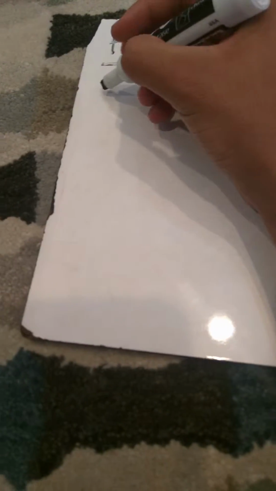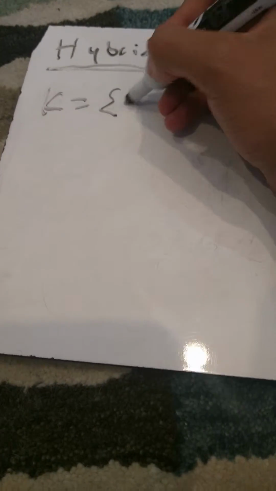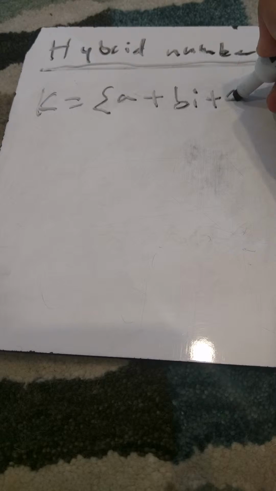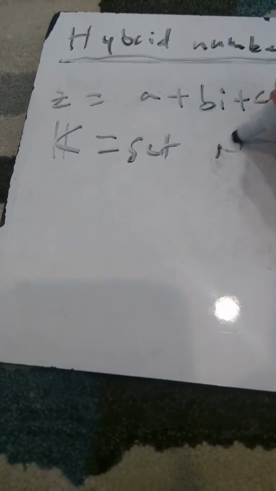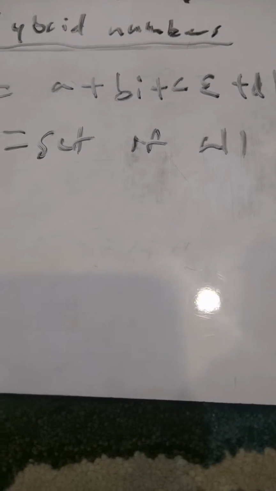If you want to reference the set of all hybrid numbers, use K. Here I'll use set builder notation: a plus bi plus c epsilon plus dh is generally used. So say z equals that, and K is the set of all hybrid numbers.